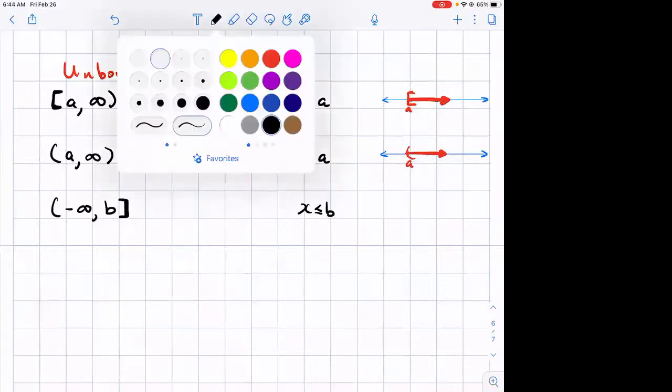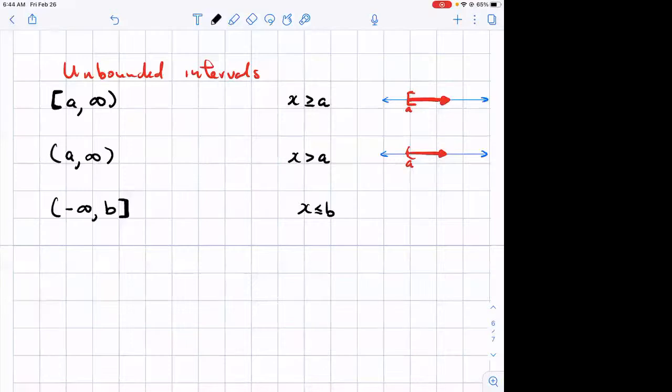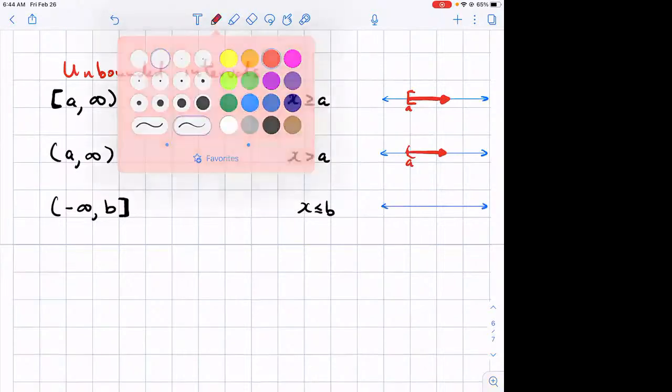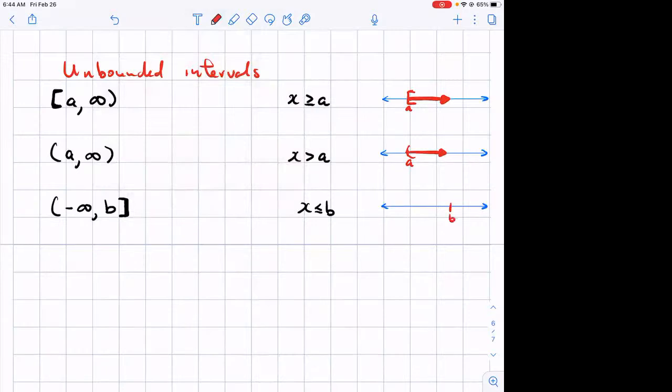And the graph of this: if here is my point B, now it's less than or equal to, so the bracket goes this way and the arrow goes to the left because it's less than.